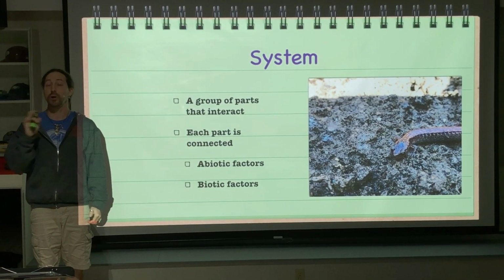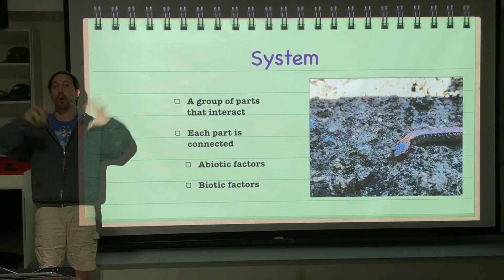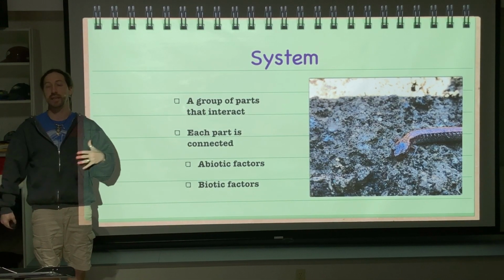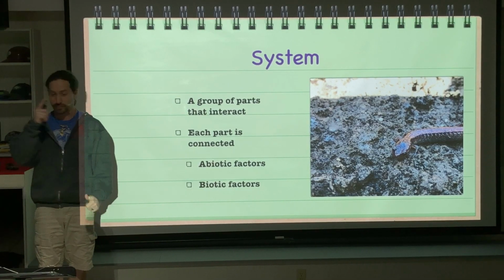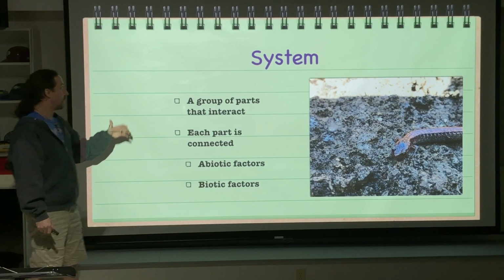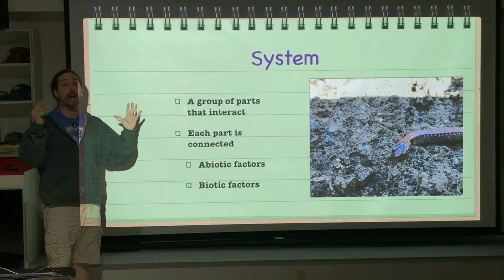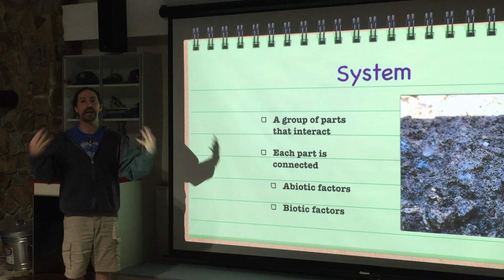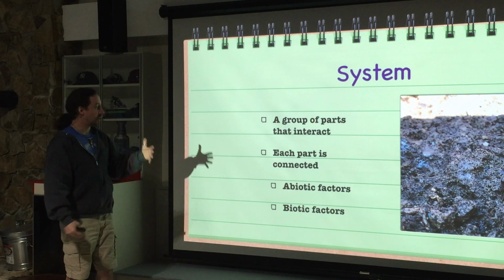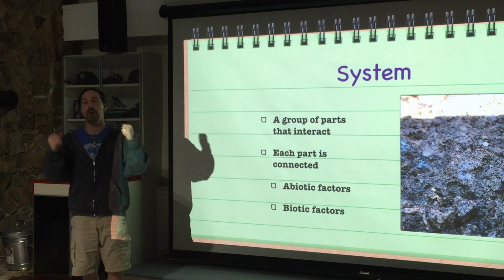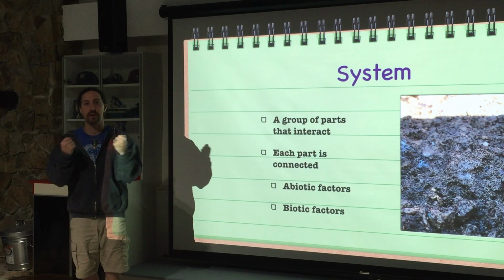Now, if those parts were to interact, then they would all be part of the same system. So if I had a smart TV that could connect to the internet, then all of a sudden things can change. But looking at this, systems all have to be interconnected. Every part has to impact the other parts. And that makes up the abiotic factors and the biotic factors of an ecosystem, which must all be interrelated.